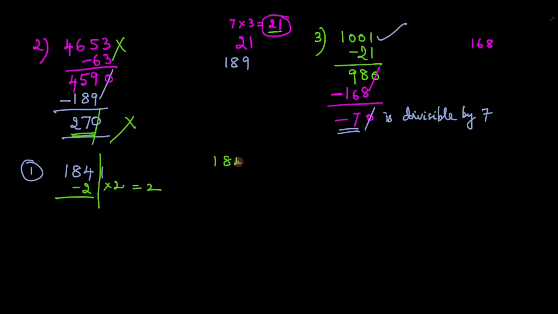Previously we did it this way: 1841, we subtracted 21. Instead of that, here we are viewing it in a different way. We separate out the digit in the units place, multiply by 2 and subtract that result from the rest. We get 182.